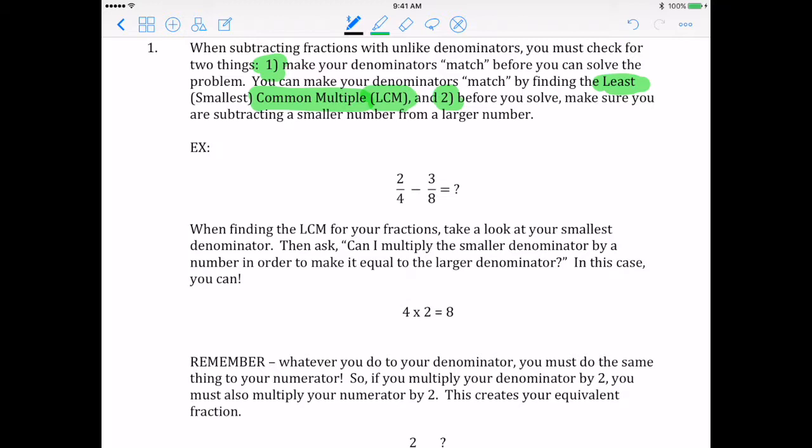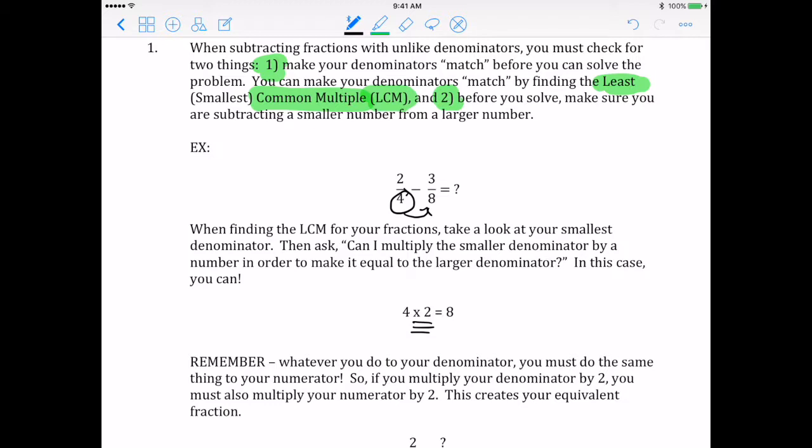In this case, you can. I can take my smaller denominator, which is 4, and ask, can I turn that into an 8? I can when I multiply by 2. So 4 times 2 equals 8.